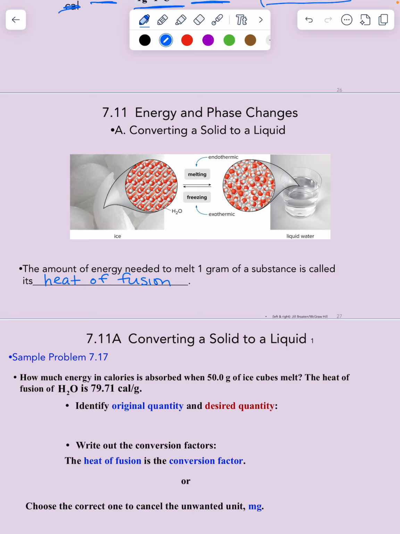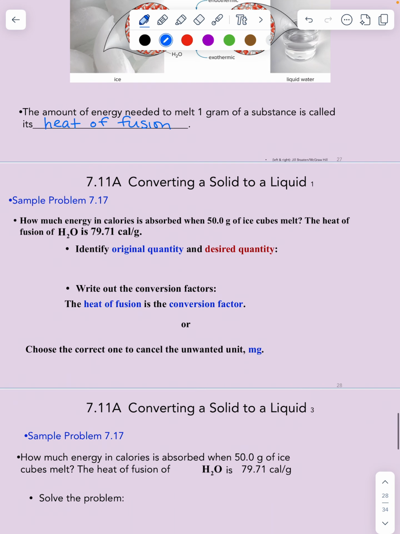The heat of fusion of water is 79.71 calories per gram. We want to identify what we've been given and what we are asked to solve for. We know we have water and that the mass of that water is equal to 50 grams. It's asking us for how many calories were needed. It gives us the heat of fusion, 79.71 calories per gram.